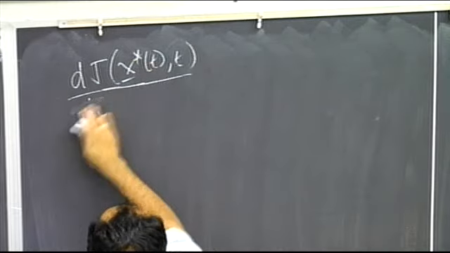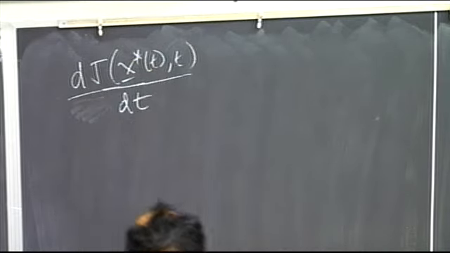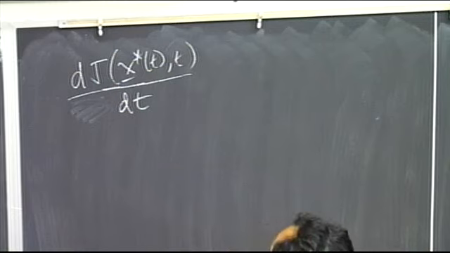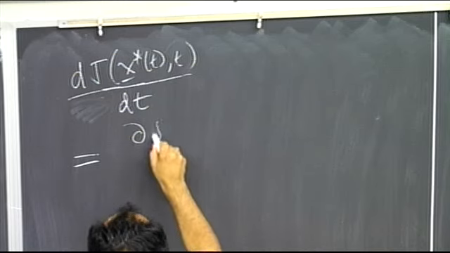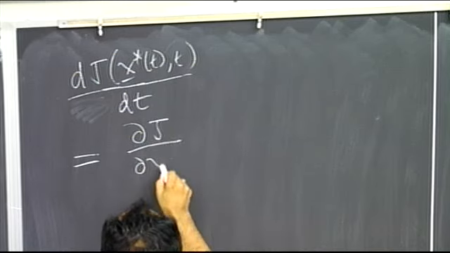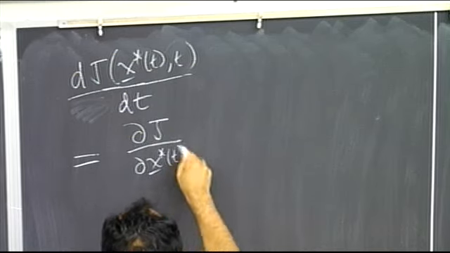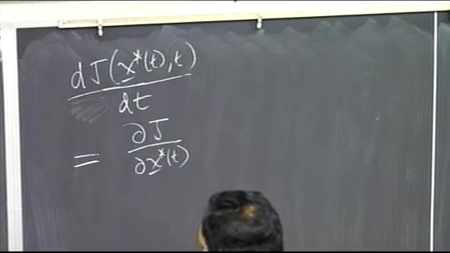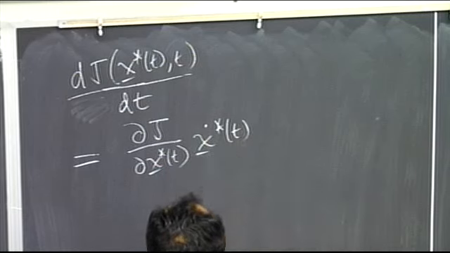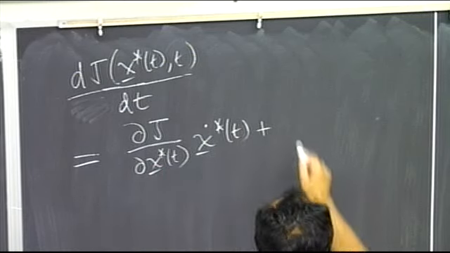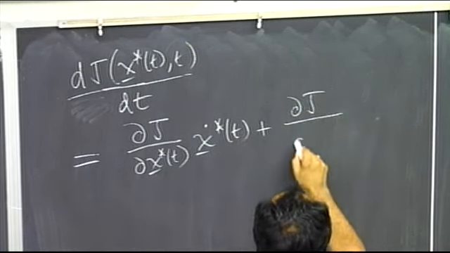So what is this derivative equal to? It's equal to the partial of J with respect to x star of t times x dot star of t, plus the partial of J with respect to t.